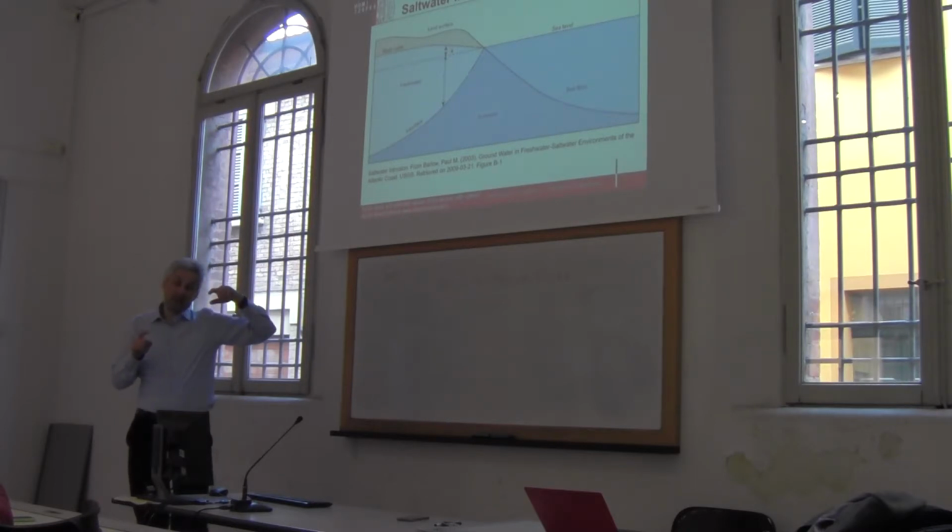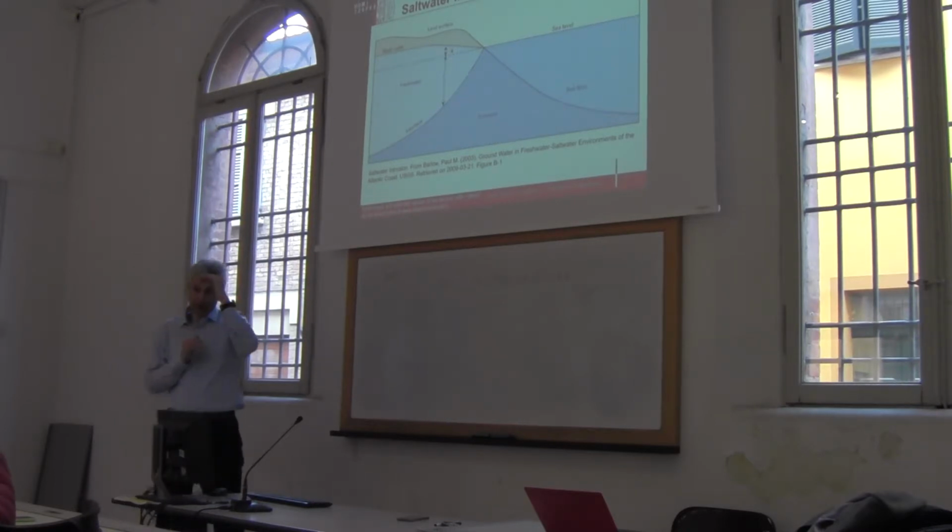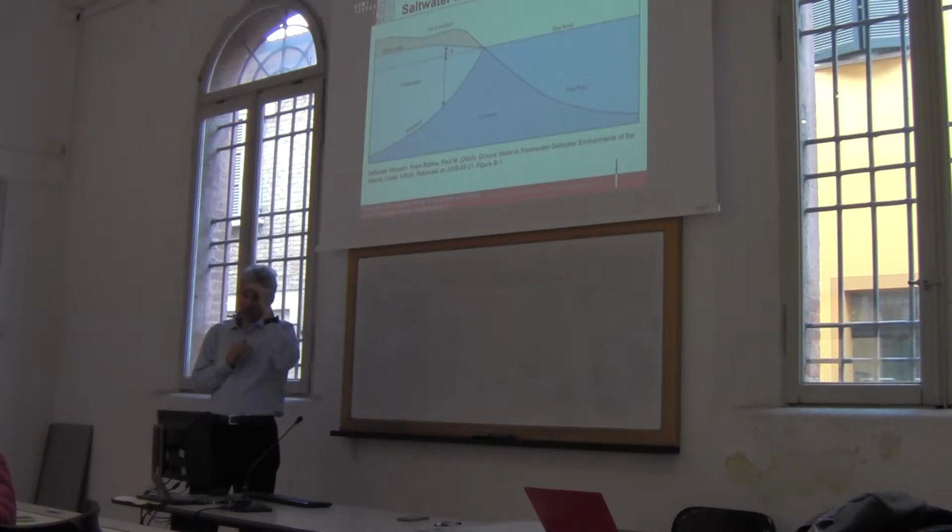And the height of fresh water over the ocean means available energy to travel to the ocean. Available energy. The higher the freshwater level, the faster the flow of fresh water to the ocean.